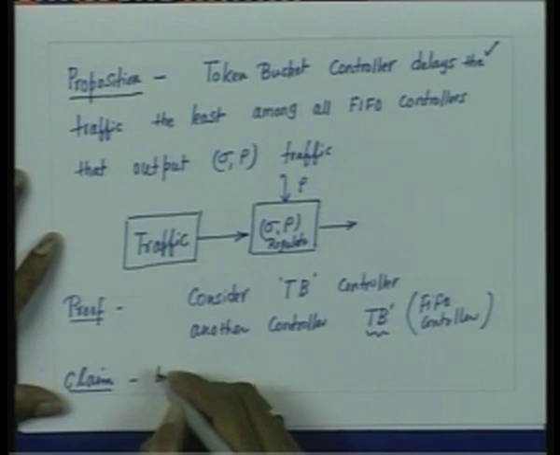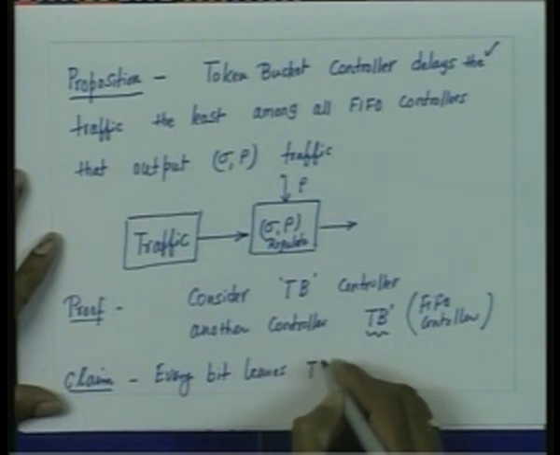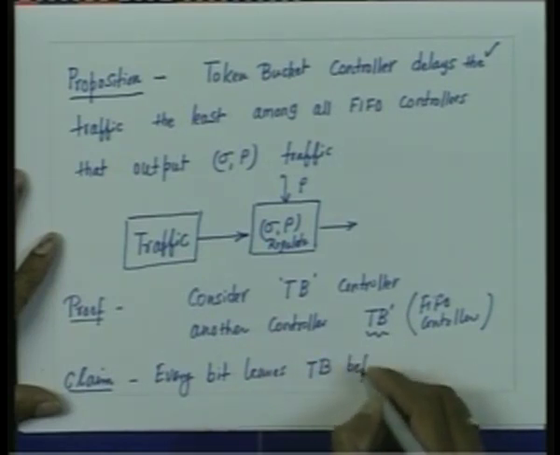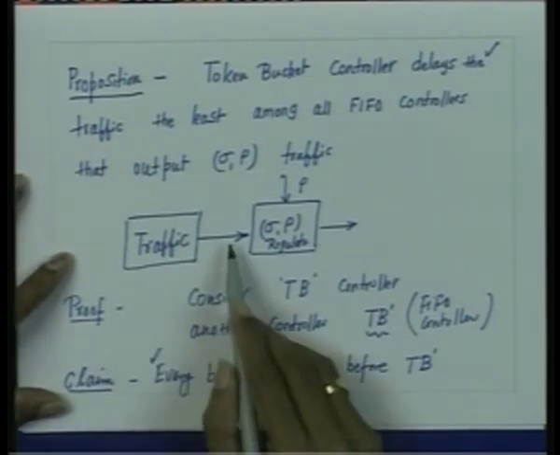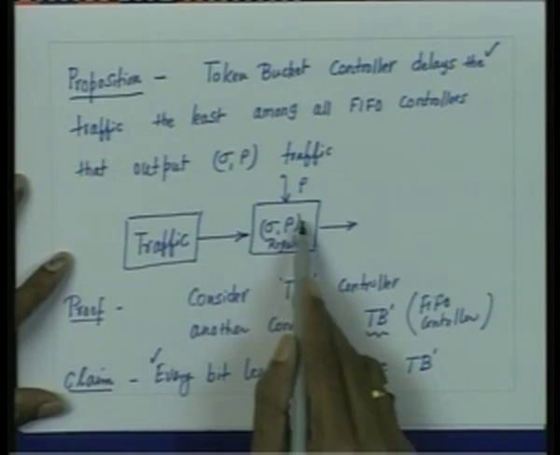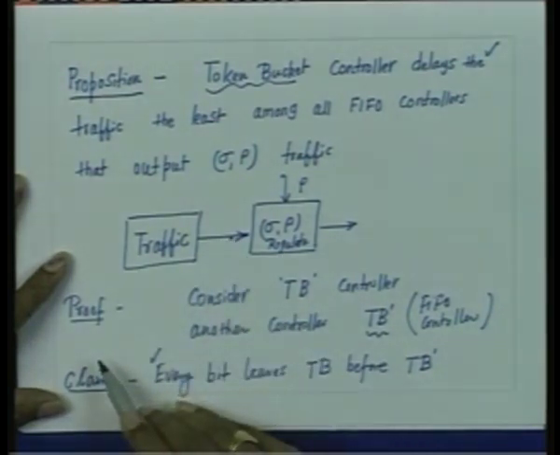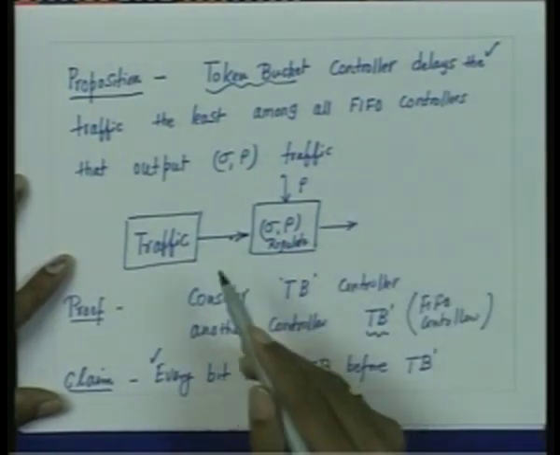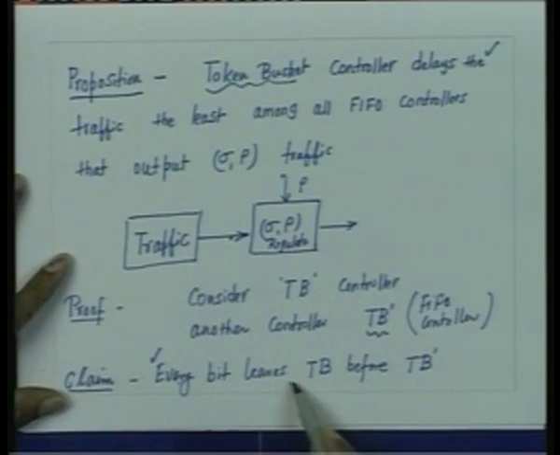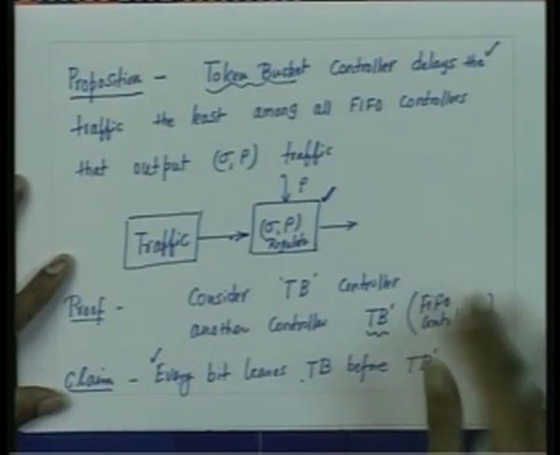So our claim is that every bit leaves the token bucket regulator before the other FIFO controller, which is TB prime. Now we want to prove that the rho sigma regulator, when implemented in the form of a token bucket, will delay the traffic the least. The other FIFO controller may delay it more. So when we say that it delays the traffic least, what we are trying to prove is that every bit will leave the token bucket regulator first, before the other controller.